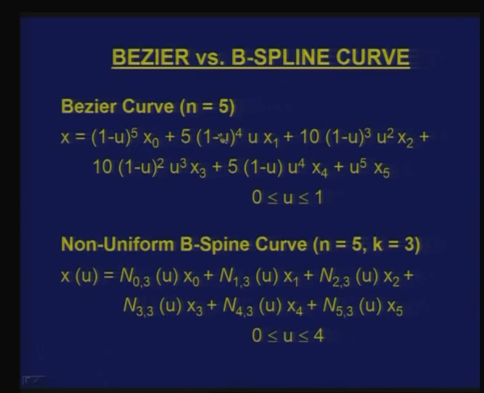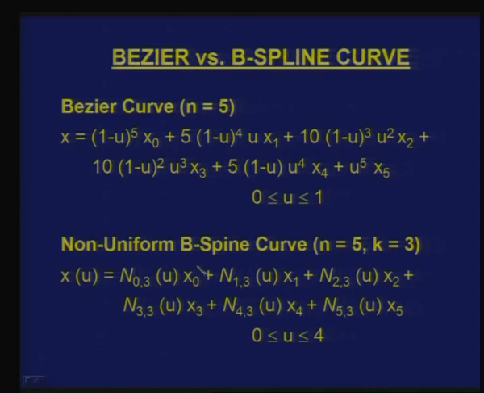Next I have 1 minus u to the power of 4 multiplied by u. Slowly the power of 1 minus u decreases and the power of u increases from 0 to 5, with binomial coefficients: 5C0 is 1, 5C1 is 5, 5C2 is 10, 5C3 is 10, 5C4 is 5, and 5C5 is 1, multiplied by the respective x coordinates. This is completely defined for u equal to 0 to 1.